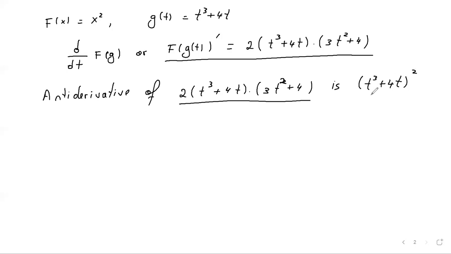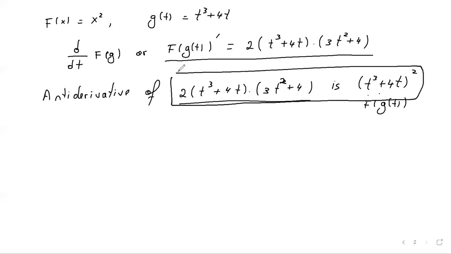That's f of g of t, by the way. I forgot to say that f of g of t is that t cubed plus 4t squared. So this is the antiderivative. We're going the opposite way.